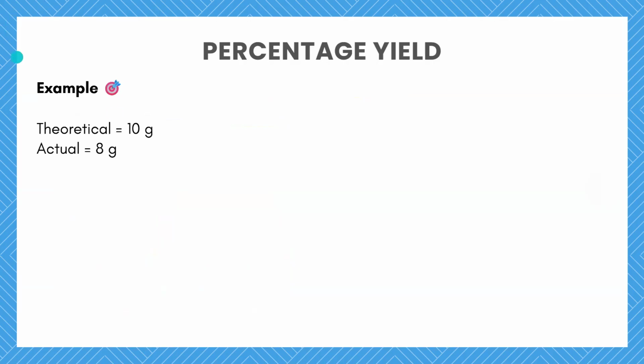We have question number 1, which is a good example. The theoretical yield of a chemical reaction is 10 grams. The actual yield is 8 grams. What is the percentage yield? Well, the percentage yield will be given by the actual yield, which is 8, divided by the theoretical yield, which is 10, multiplied by 100.